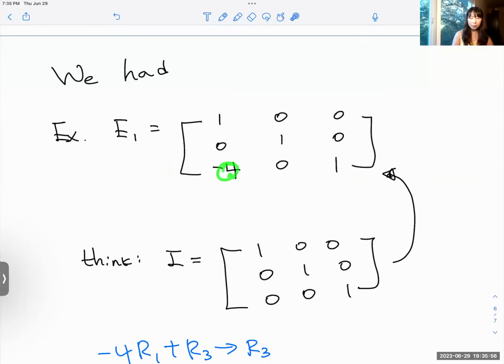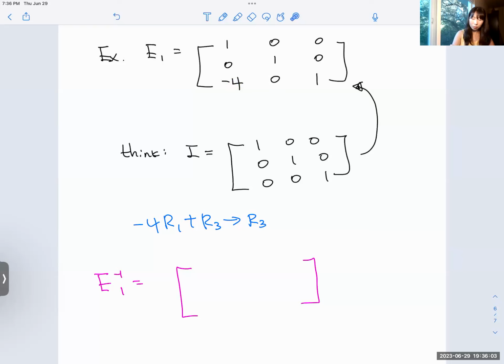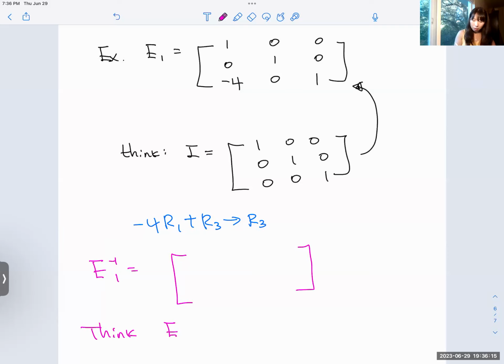This one. Think, to identity. So we're going to think about how do we make 0 there? How?